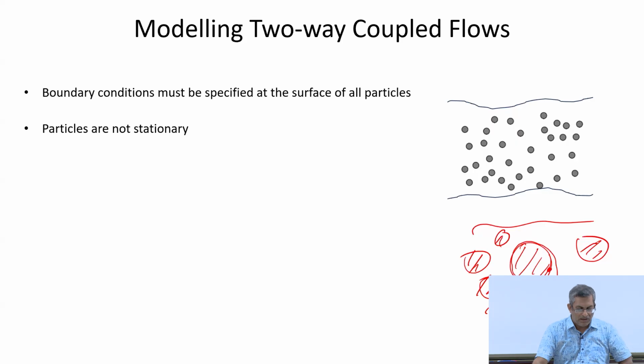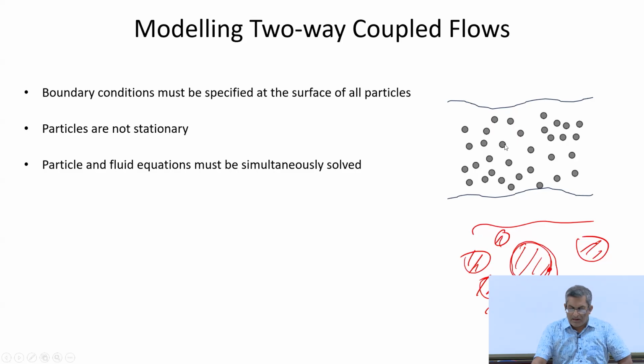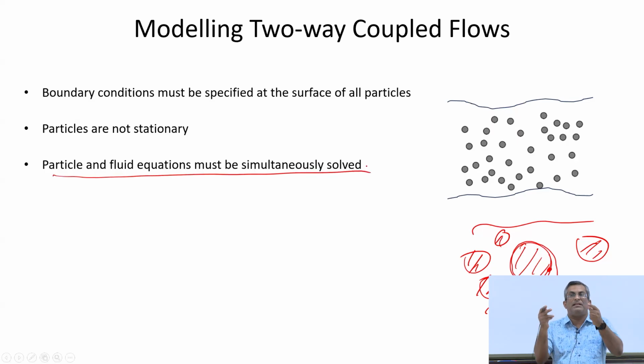So that is a problem. Now, this means that the particle and the fluid equation must be simultaneously solved. Why? Because now the particle is offering drag to the fluid flow, but the fluid flow is causing the particle to move. So this means that we have to solve the equations at the same time.